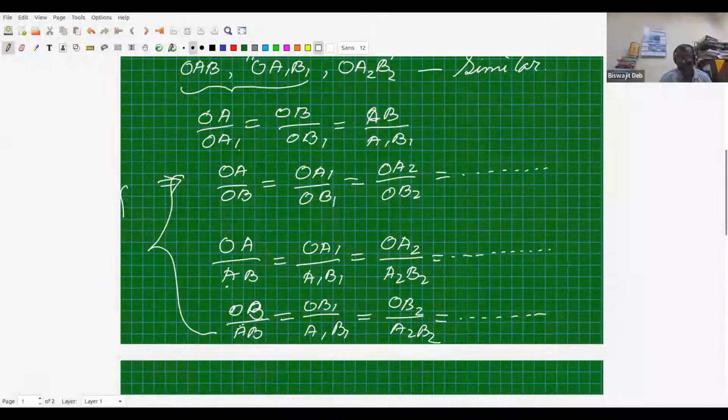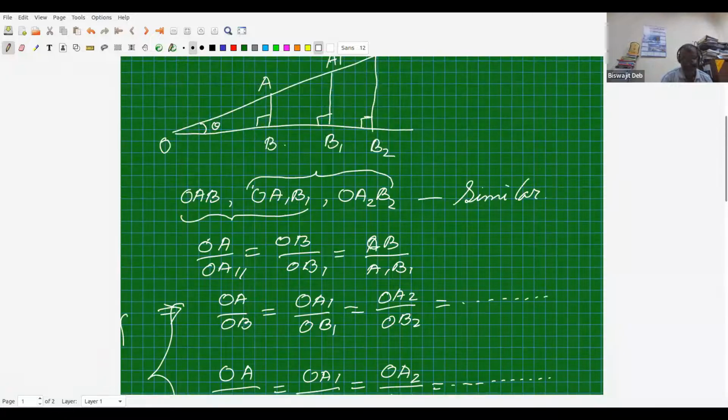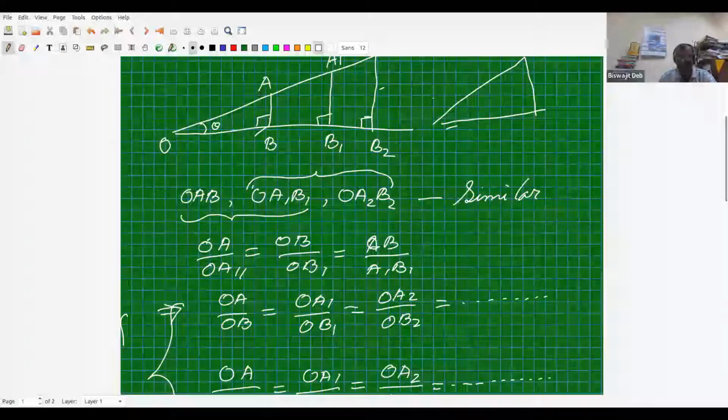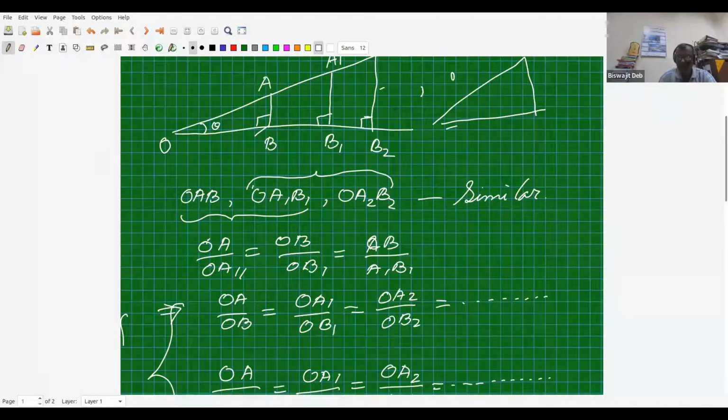These constant ratios, we refer to them like this. As we know, when we consider a right angle triangle like this, we call this the hypotenuse.